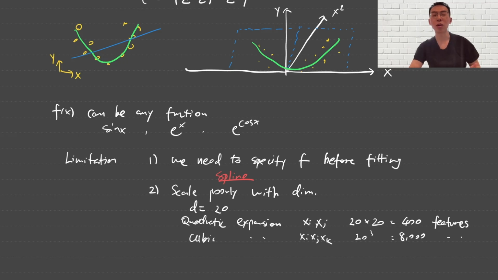If we want to take the combination of many functions, that's not ideal, and that's really the problem with basis expansion. For the next video, I'm going to start with the spline function to see how we can address limitation one of this method.